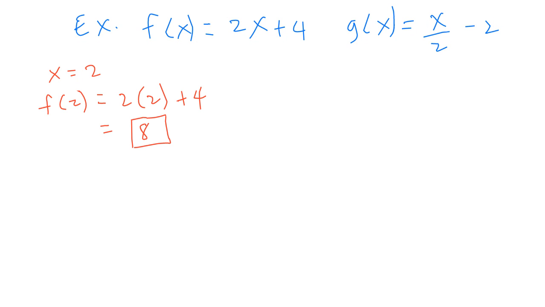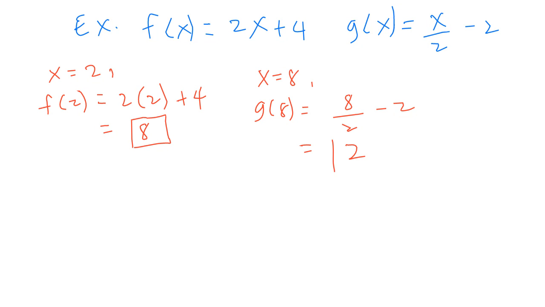And we're going to use that value as the value for x in our g of x. So having that, we have g of 8 here. And we have to replace our x with 8. So 8 divided by 2 minus 2. So we will have 8 divided by 2, that would be 4, minus 2 is 2.